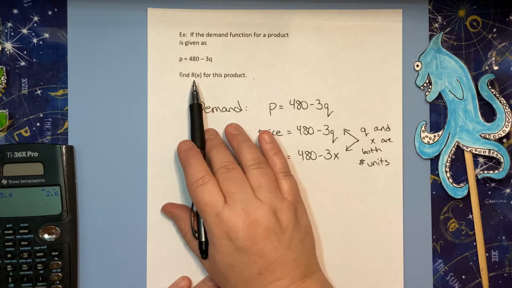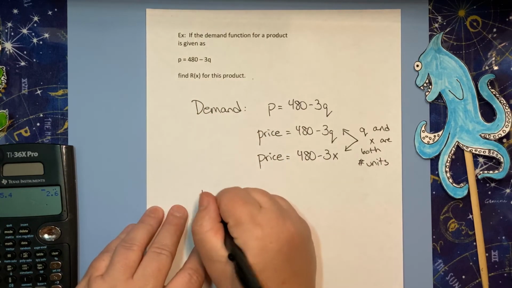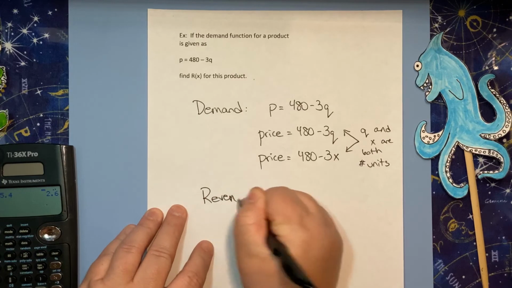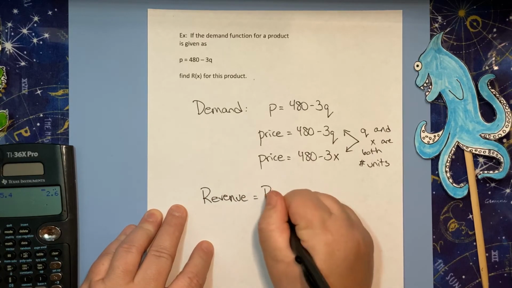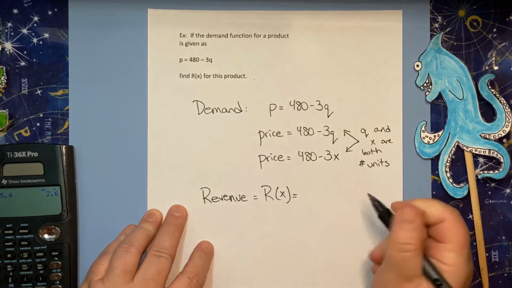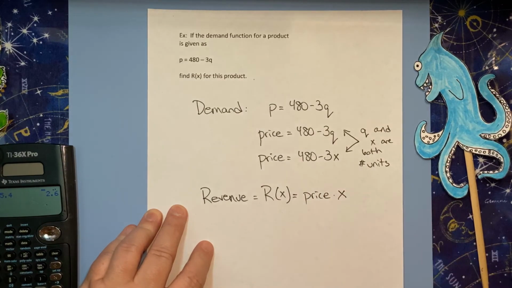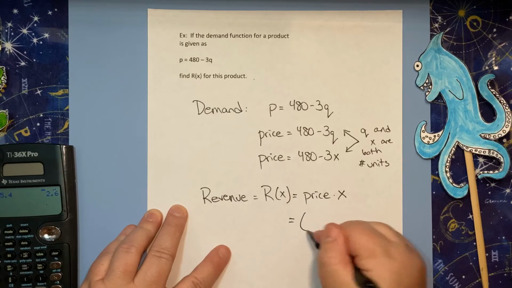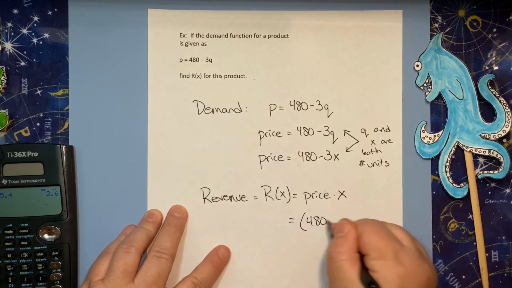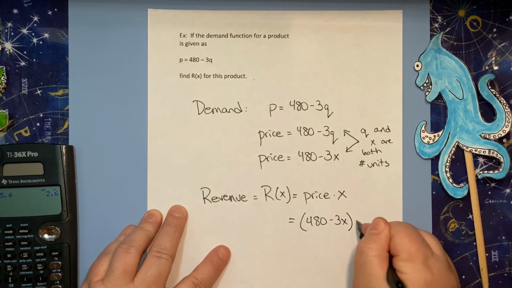So what is the revenue? Revenue, which is R of X, remember, is the price times the quantity. And you know the price. It's 480 minus 3X.